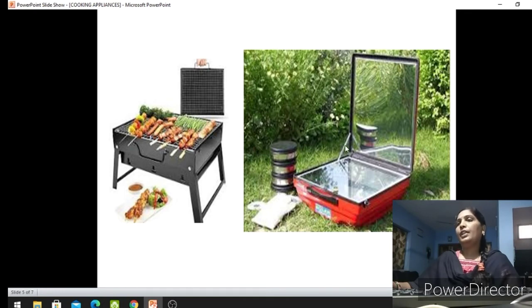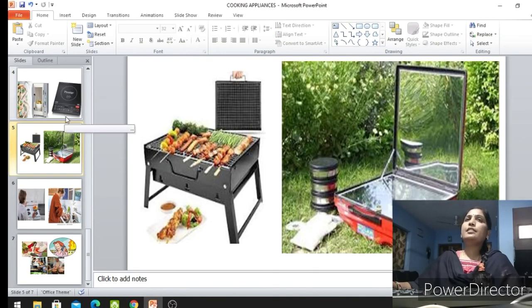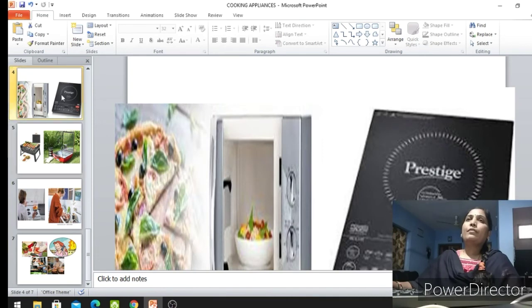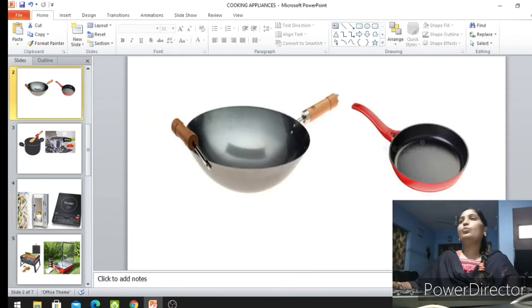Absolutely, the solar cooker. If we cannot afford a solar cooker, then we can use utensils that need very little oil. Some utensils, like the frying pan, we use for shallow frying.